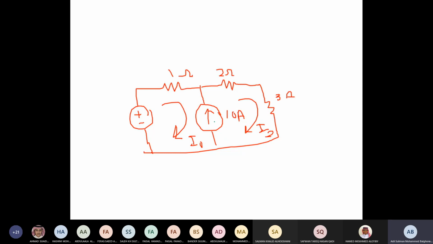As a matter of fact, the relation between them is I2 minus I1 equal to 10. That is the relation.